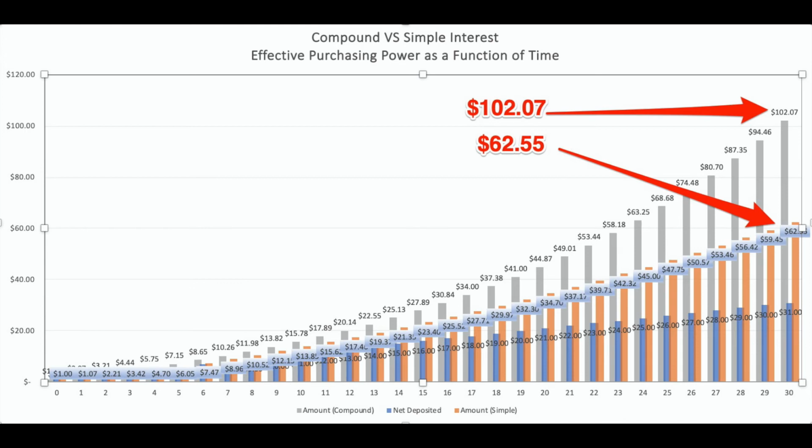Simple interest is very similar. We are putting in $31 total principal, but we're only gaining roughly double that over 30 years, to about $62. So as you can see, you're still coming out ahead with simple interest, but it's not keeping up with compound. And over time, that gap is going to be getting bigger and bigger.